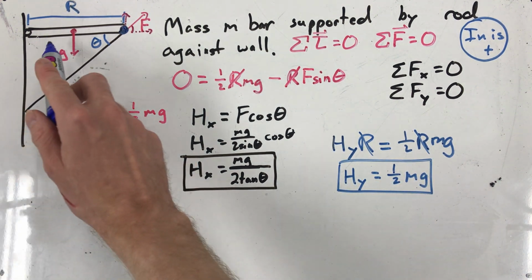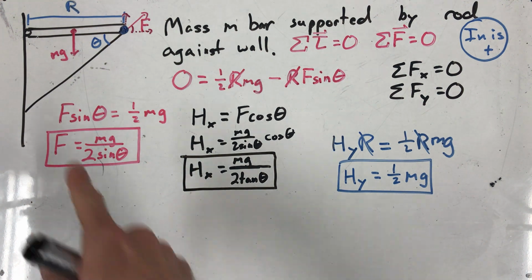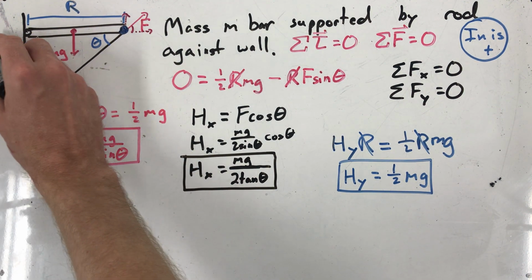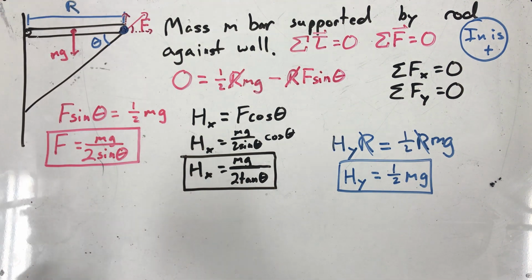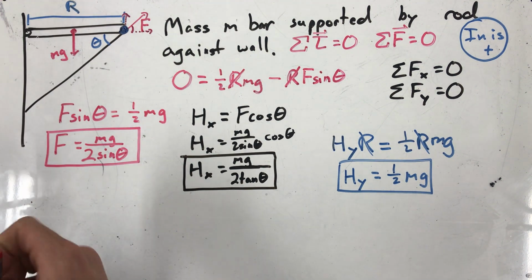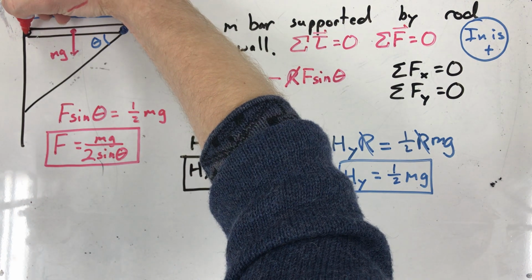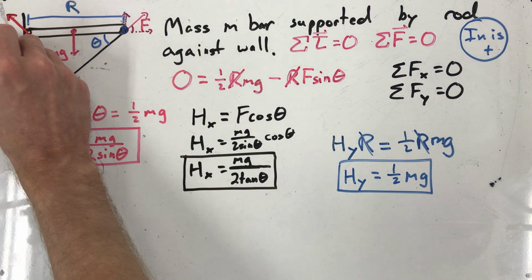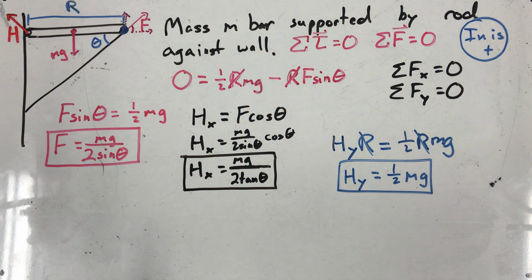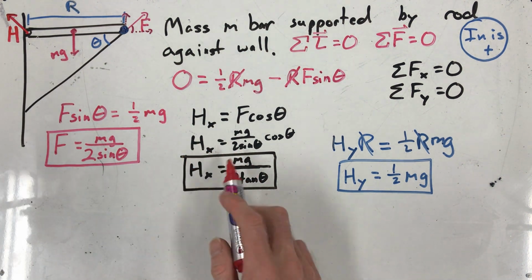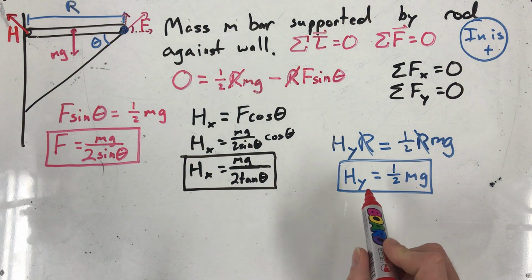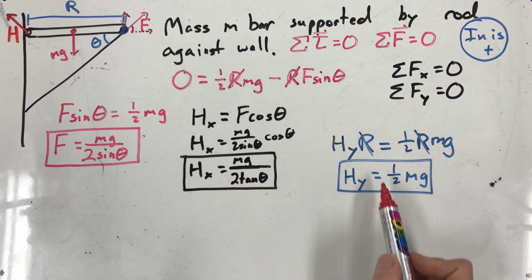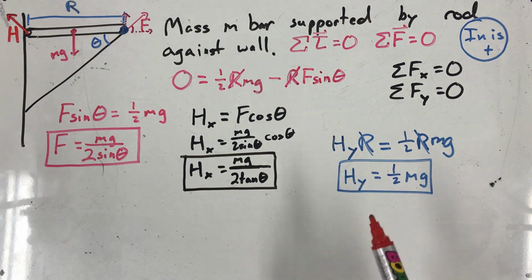So what that means is that the force from the hinge up here is going to have a component in the x direction this way and a component upward, and it's going to look something like this. That would be h. And its x component will be this, but to the left, and its y component will actually be up and equal to this.